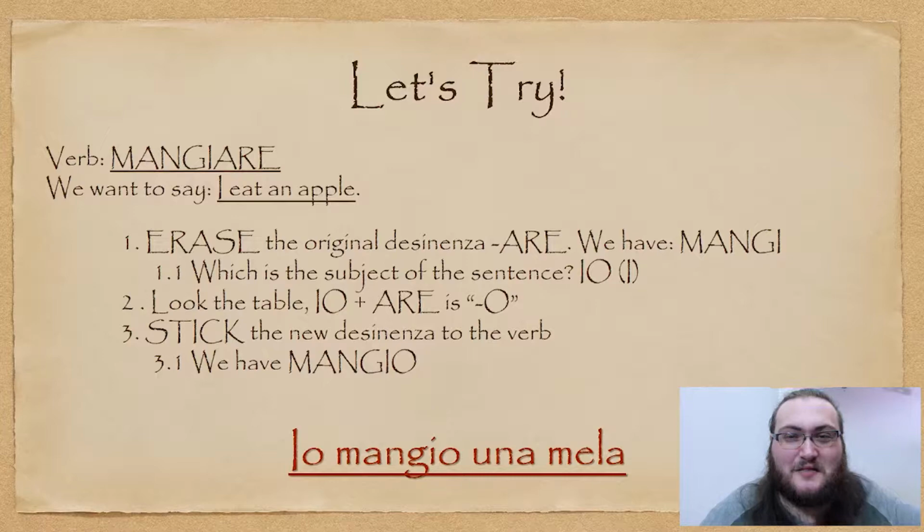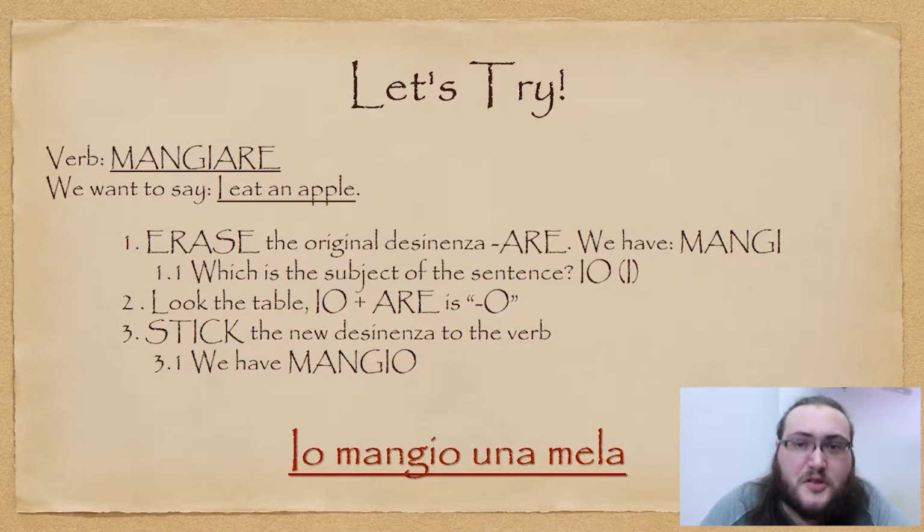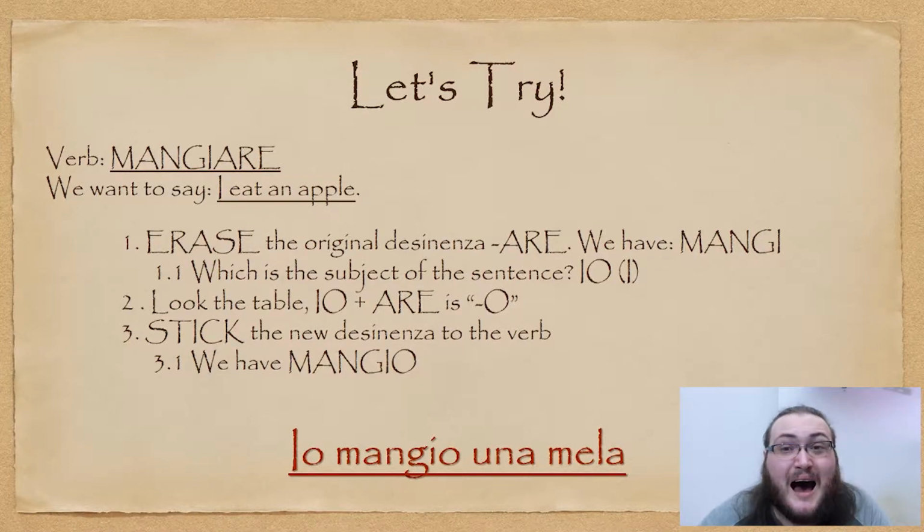Let's try to form a sentence. Okay, we just take the verb mangiare, that means to eat. We want to say I eat an apple. So the first thing you have to do is to erase the original desinenza. The original desinenza here is are. So we just erase are.